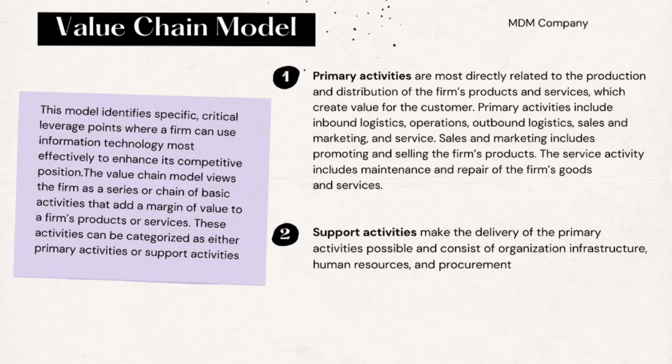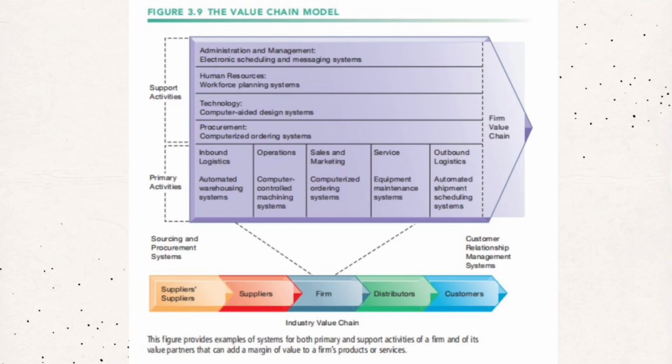Support activities make the delivery of the primary activities possible and consist of organization infrastructure, human resources, and procurement. This figure provides examples of systems for both primary and support activities of a firm and of its value partners that can add a margin of value to a firm's products or services.